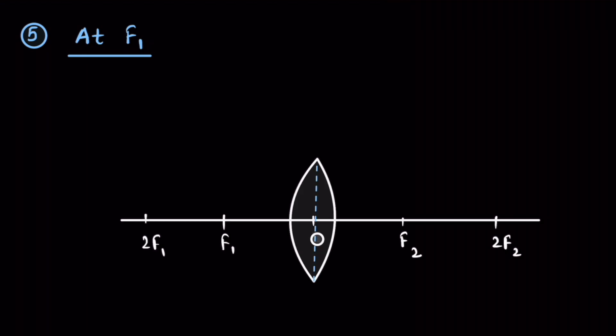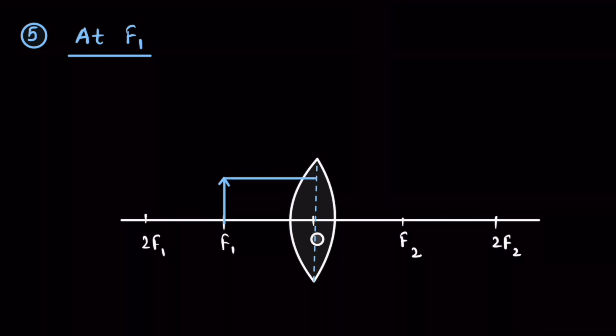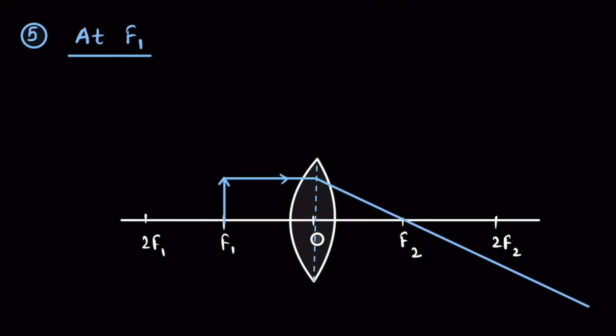The object is present at f1. So here is the object at f1. We take two incident rays. One is parallel, and the parallel ray always passes through f2. And second, we take the ray through the optical center. So here both the refracted rays are parallel to each other.